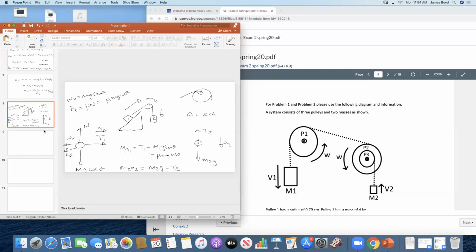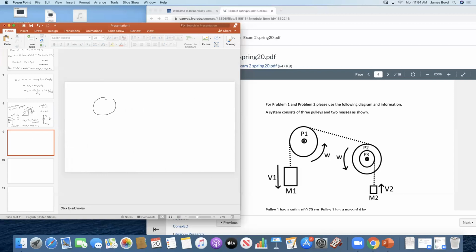Now let's do the torque diagram on this. So we have a pulley rotating here. At R and at R, we have tension 1 and tension 2. And this pulley is going to rotate clockwise. That alpha is actually negative. It's clockwise, right? I for this thing is M R squared over 2, where M is the mass of the pulley.